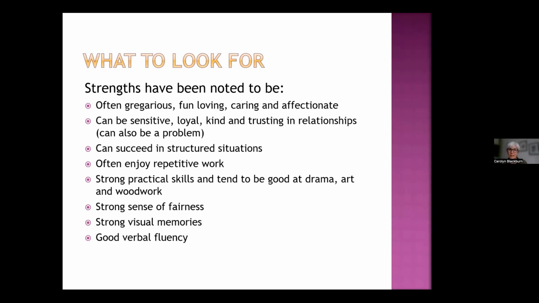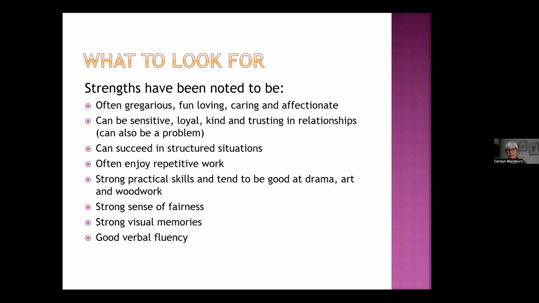They can succeed in very structured situations, things like knowing what's happening now, what's happening next, can be really good. They often enjoy repetitive work, things that are predictable, things that they can know what it is they've got to do. They can have very strong practical skills and tend to be good at drama, art, woodwork, things like that.